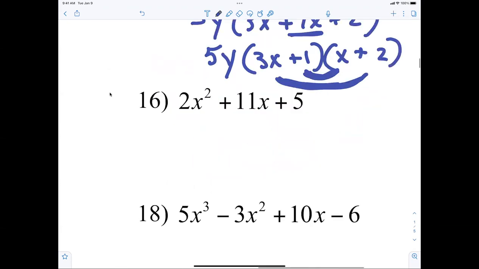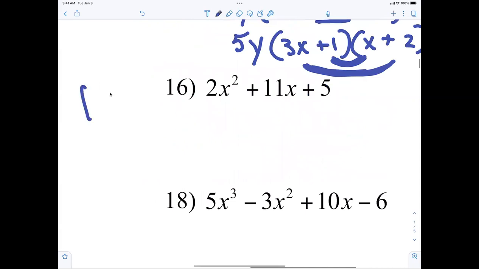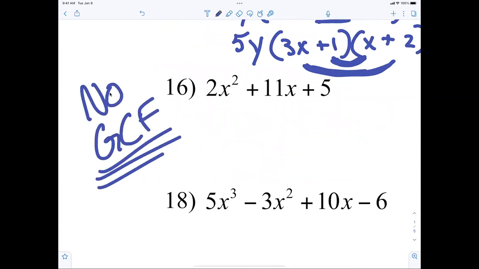All right, 16. What's 16? No GCF. There's no GCF. 1 is always a common factor. Is everybody good with that?